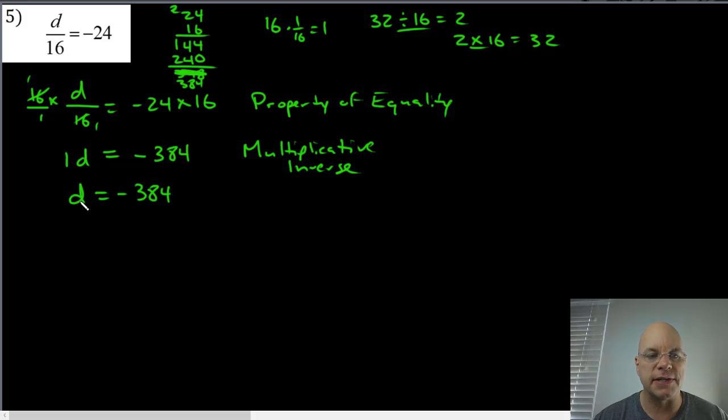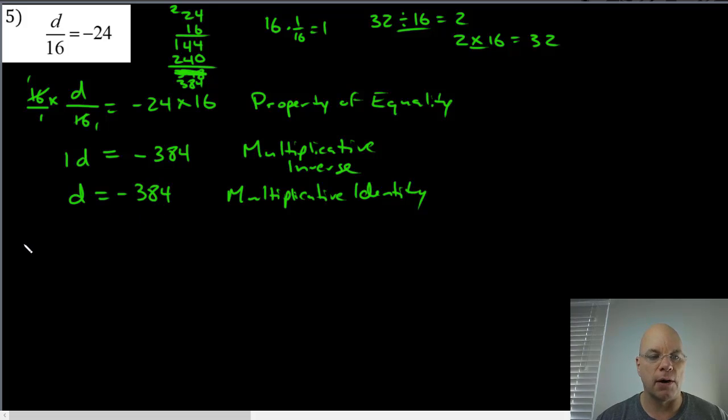The fact that 1d equals d, that's the multiplicative identity. Multiplying by 1 doesn't change the value, doesn't change the identity. So once you know what 1d is, you know what d is. And so d equals negative 384.